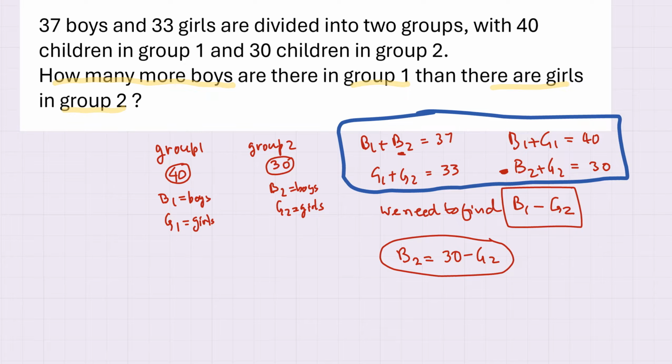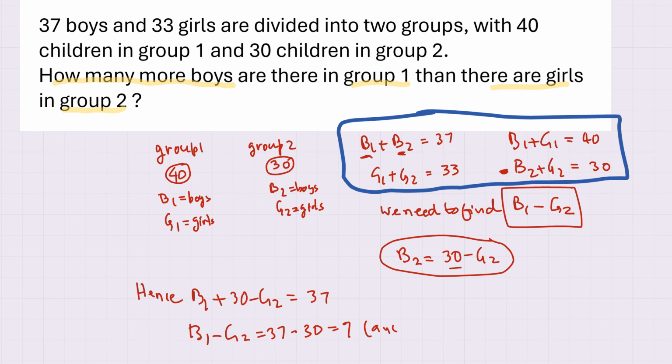Hence I've got B1 plus, instead of B2, 30 minus G2, and that is equal to 37. So B1 minus G2 is equal to 37 minus 30, that is equal to 7.